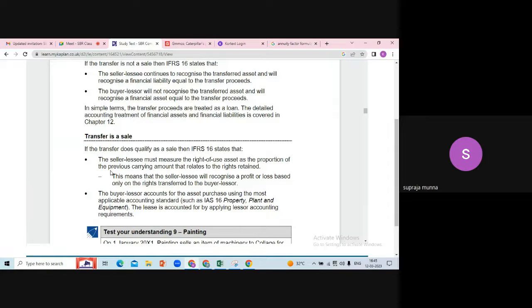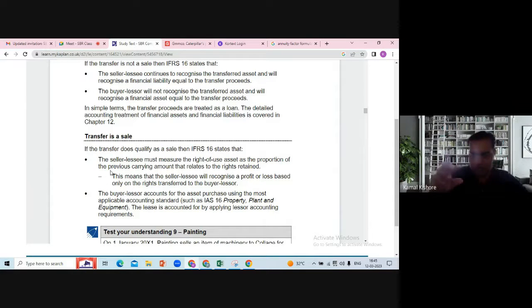You only have to show to the extent of how much you are going to use the asset. So this means that the seller lessee will recognize a profit or loss based only on the rights transferred to the buyer.